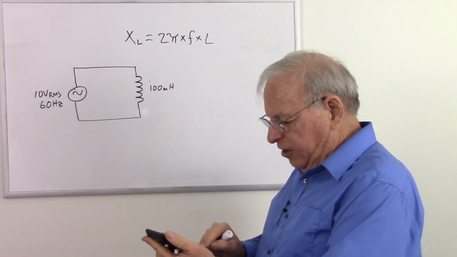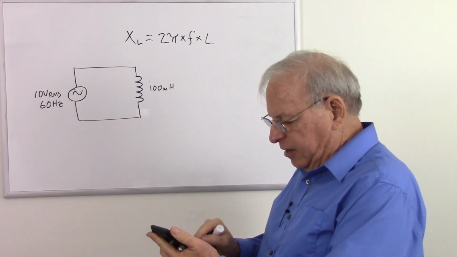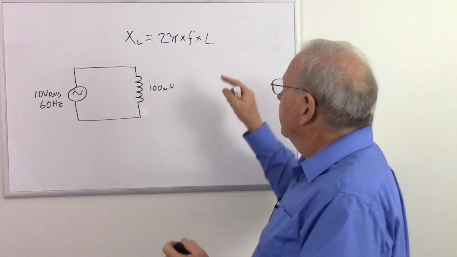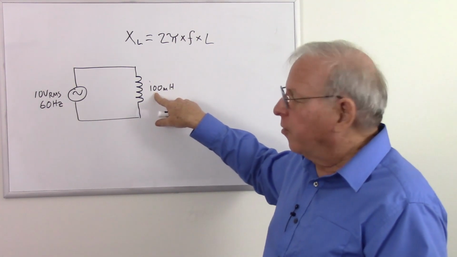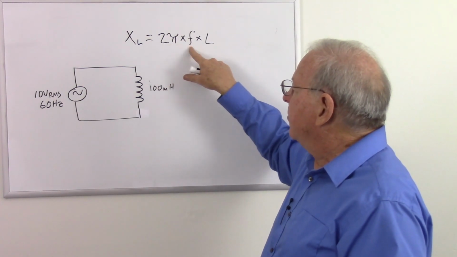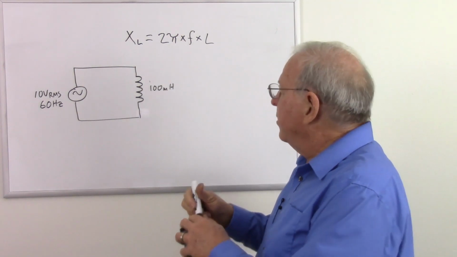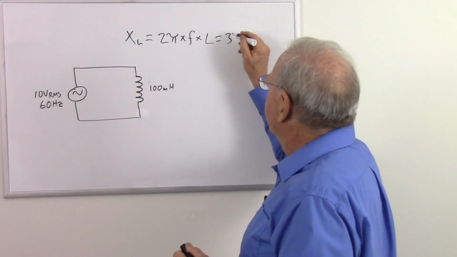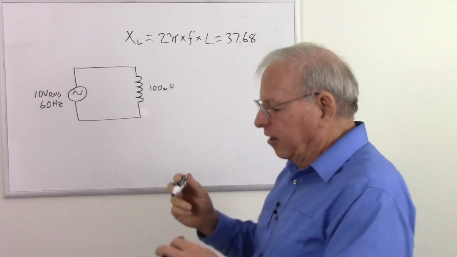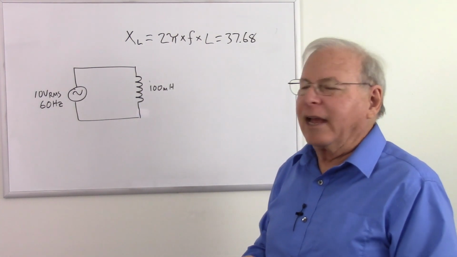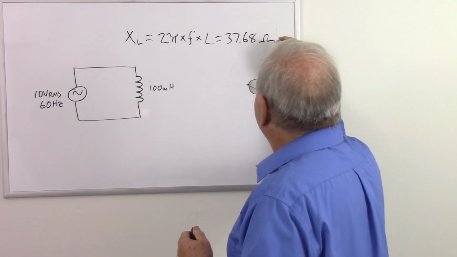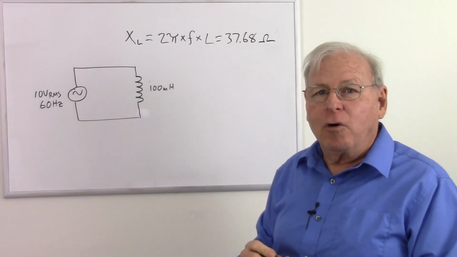So here we go, 6.28 times 60 times 0.1, because 100 millihenries is 0.1, gave me 37.68 ohms. We measure inductive reactance in ohms. Why?